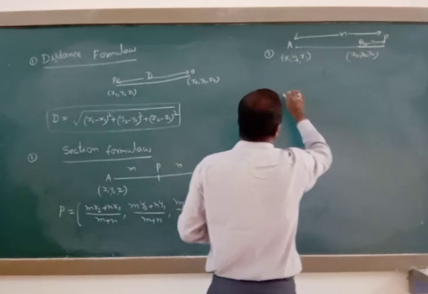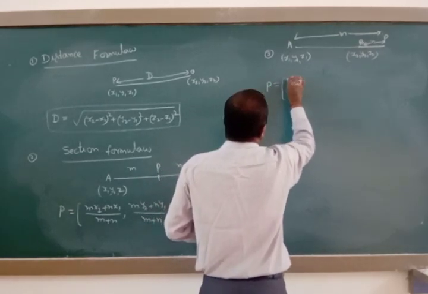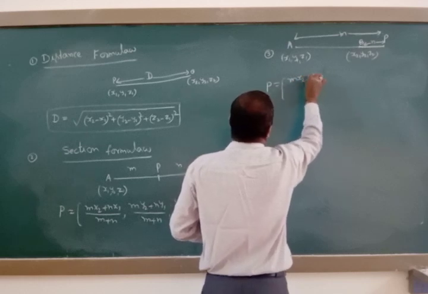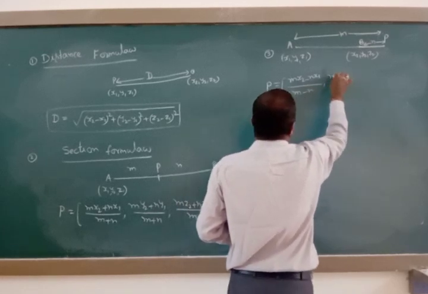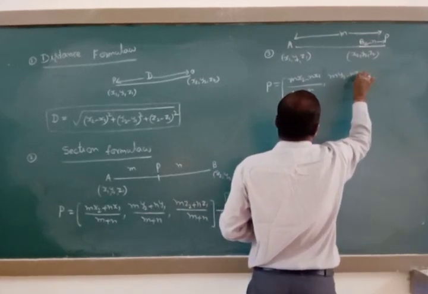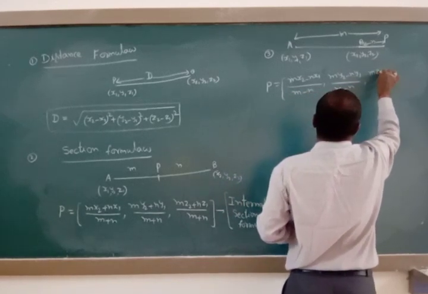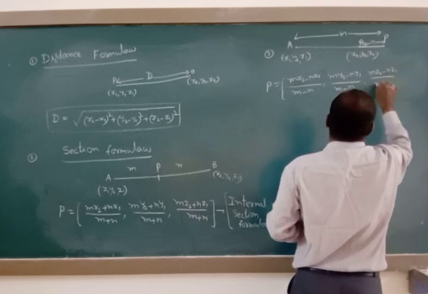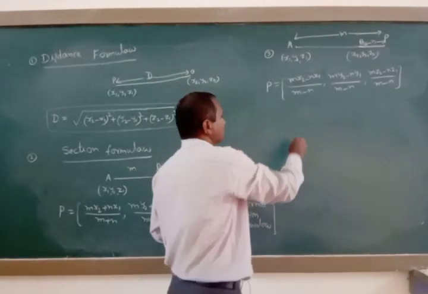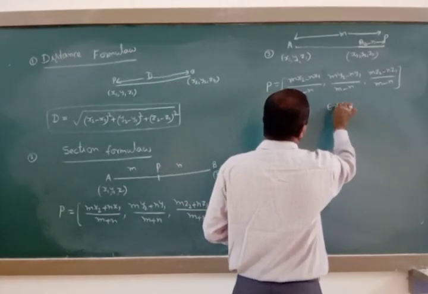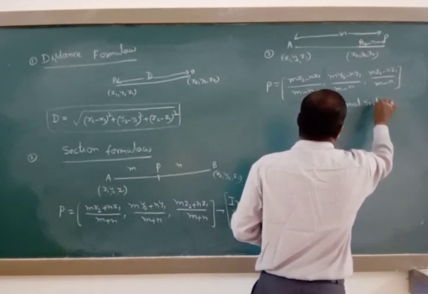Then the coordinates of P become (mx2 minus nx1) divided by (m minus n), (my2 minus ny1) divided by (m minus n), (mz2 minus nz1) divided by (m minus n). This formula is called the external section formula.